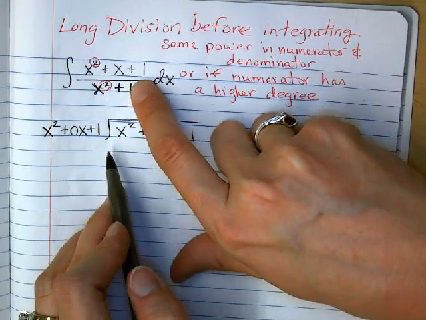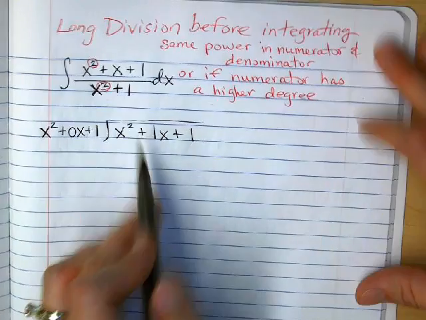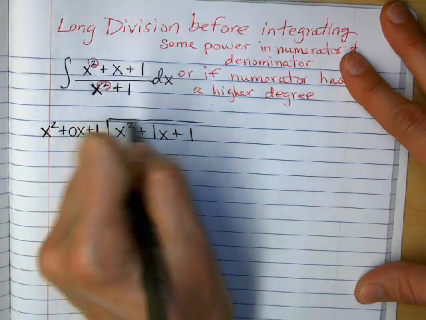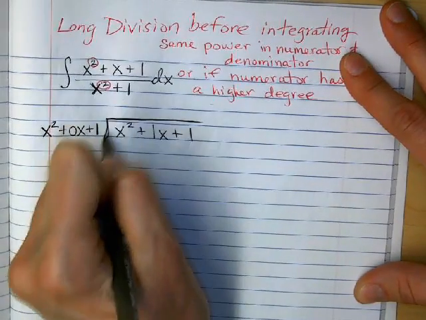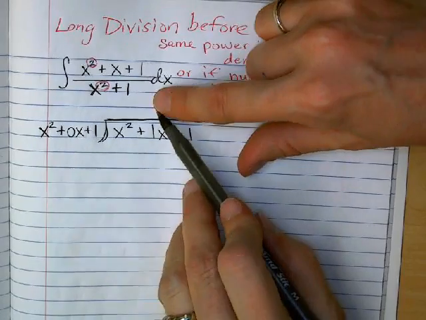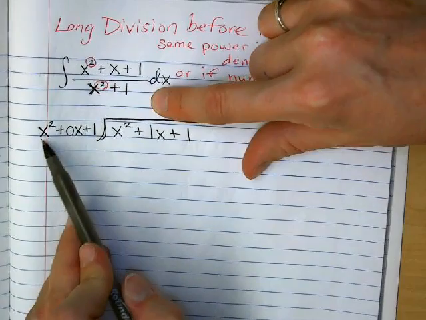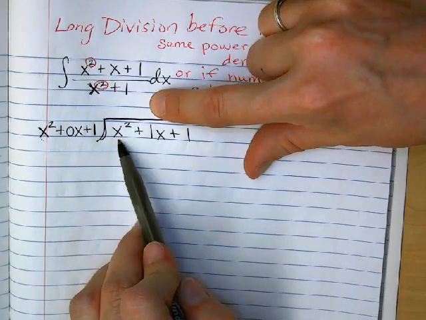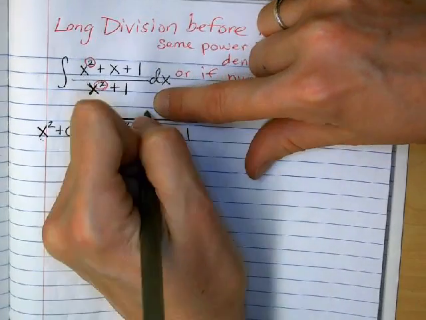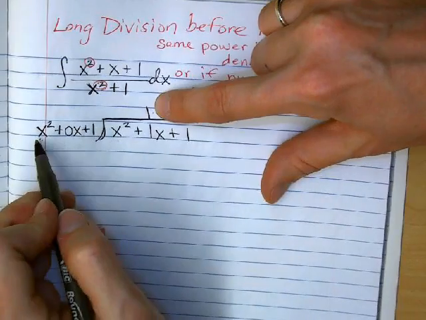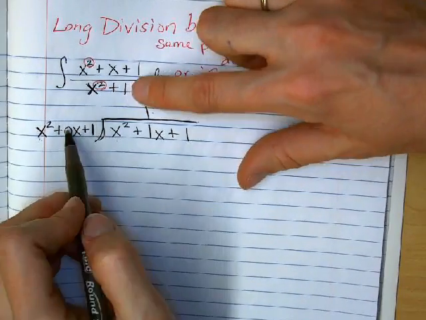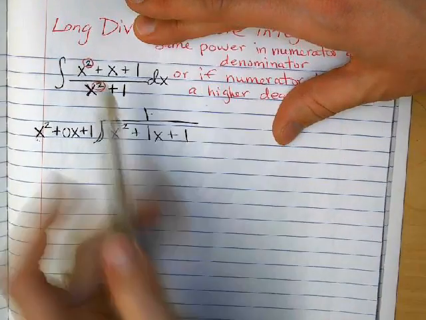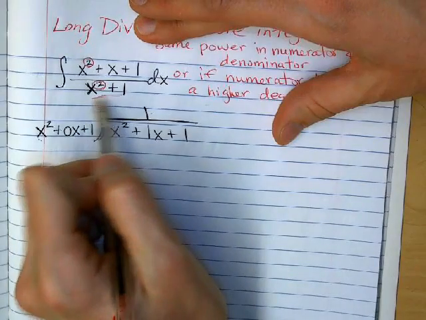Okay, long division. You have to think, what times the x squared out here gives you x squared? 1, just 1. I filled in missing terms. This is missing an x, so I just put a 0x.